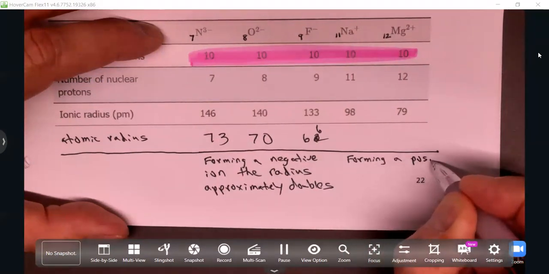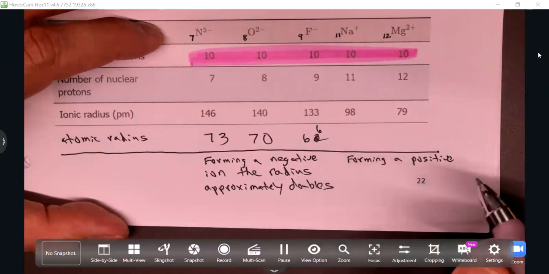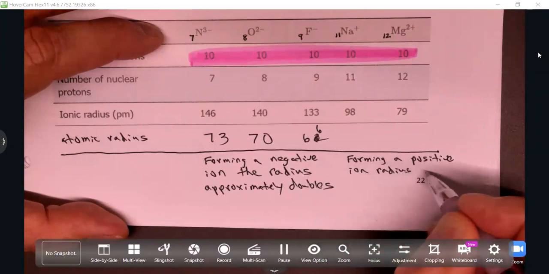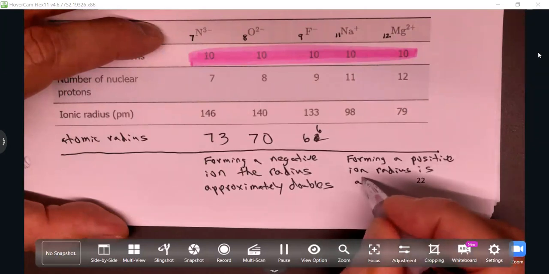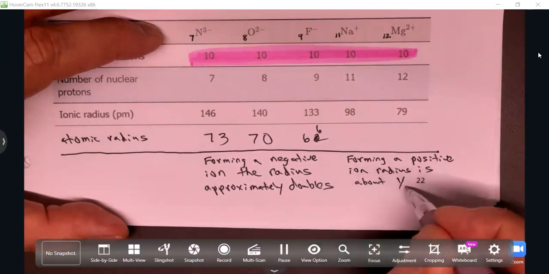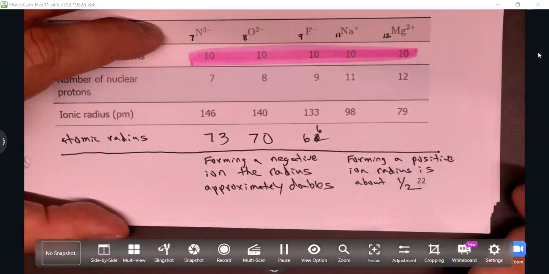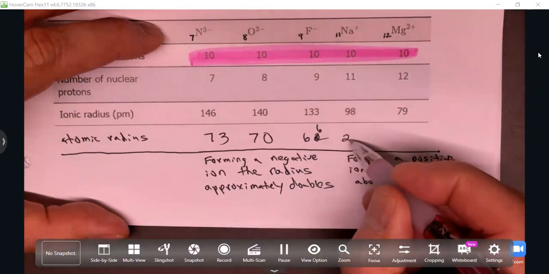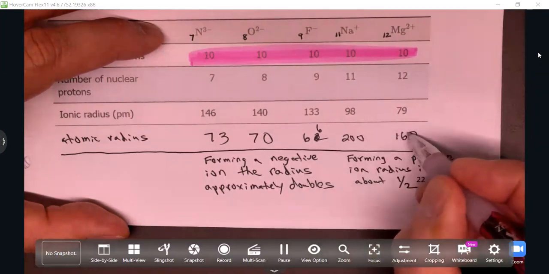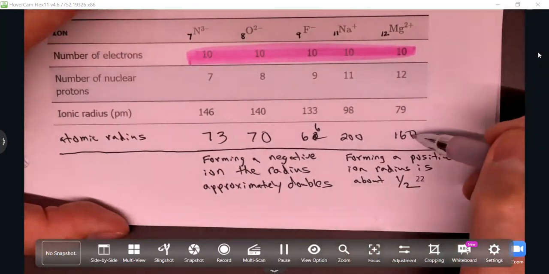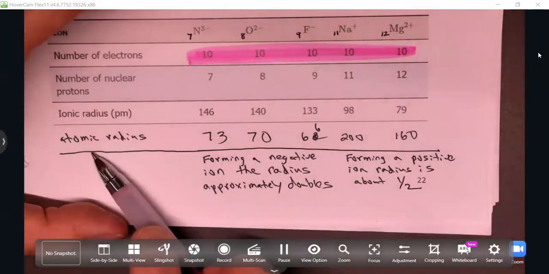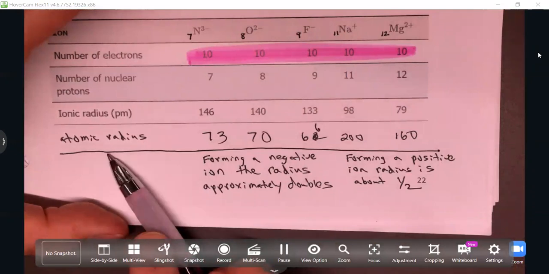Forming a positive ion, radius is about half. So this would be about 200 and this would be about 160. Again, it's cut in half. This is the atomic radius, this is the neutral atom, right? Atomic radius, neutral atom.